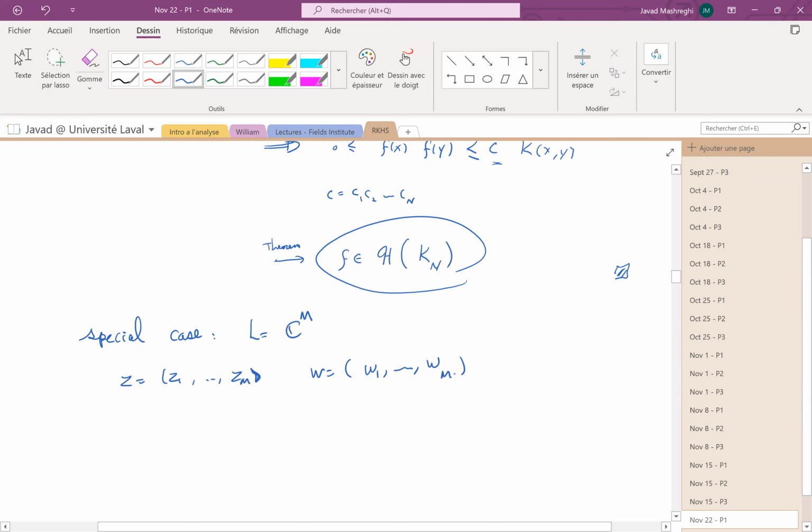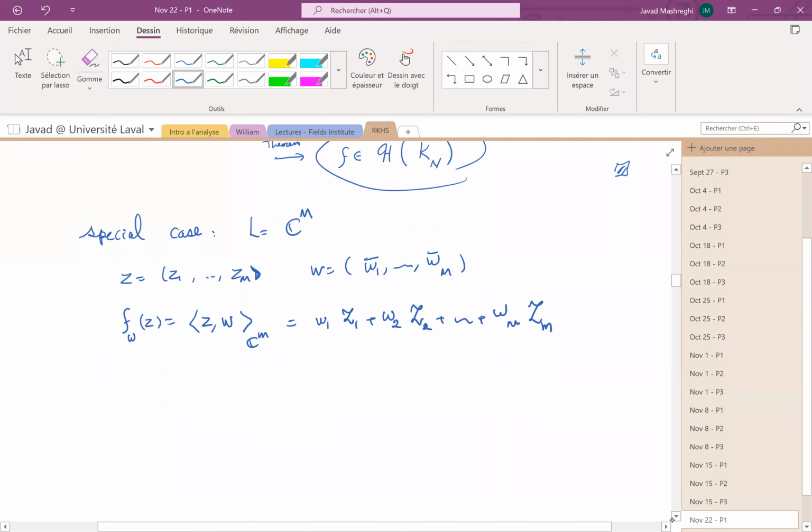It's okay to write it this way, but if you want to remove the bars later on, you can put the bar here. And f_w at point z was the inner product of z and w in Cm. It's just w1 z1 plus w2 z2 plus wm zm. It's a polynomial of degree 1.